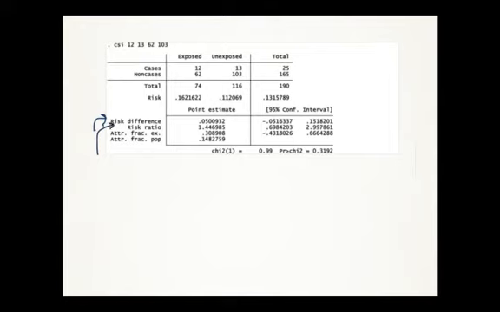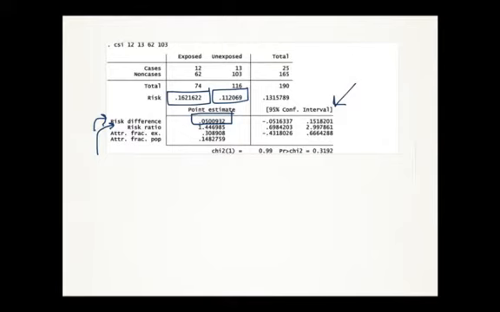As well as the 95% confidence intervals for both, okay? As well as the risk in the exposed: 0.16, it looks like 16.2% of the exposed develop the disease, while 11.2% of the unexposed develop the disease. And that's why the risk difference, if I take 16.2% minus 11.2%, gives me this 5% for the risk difference.